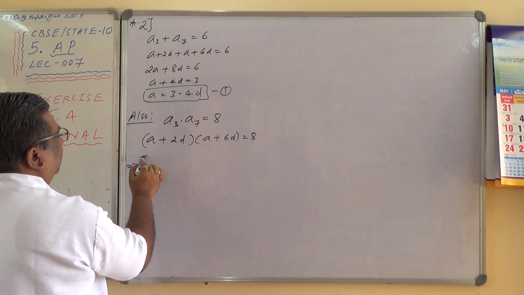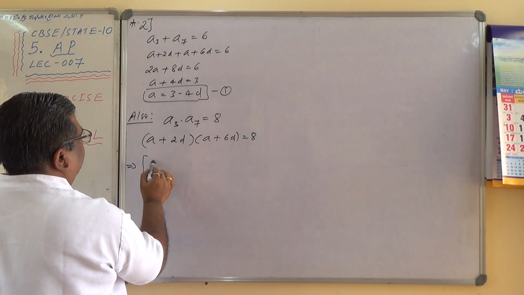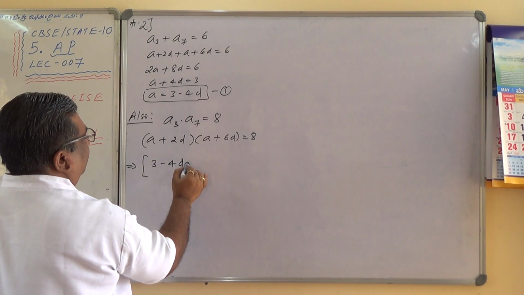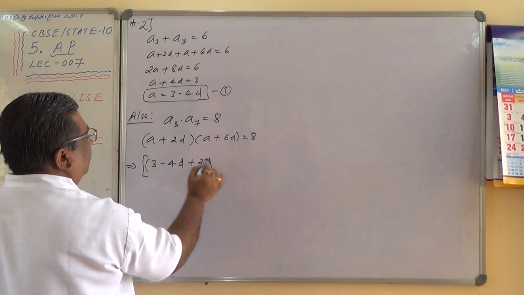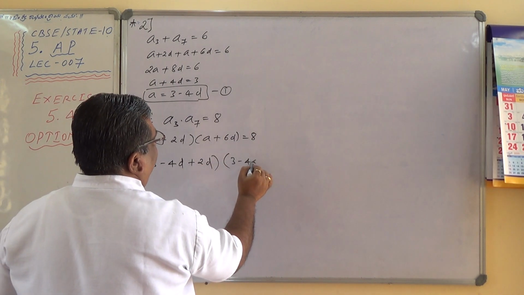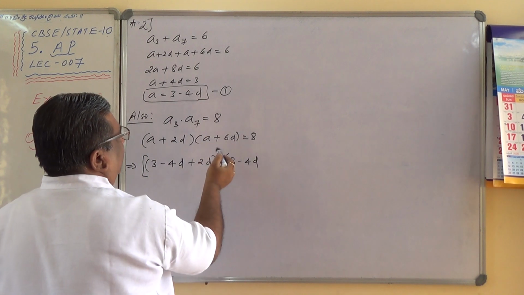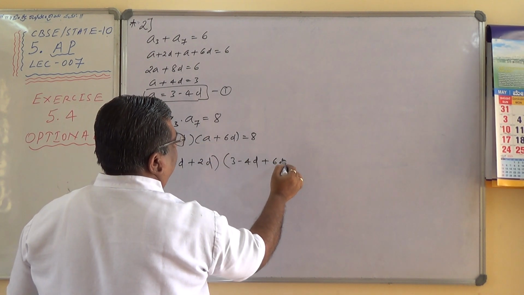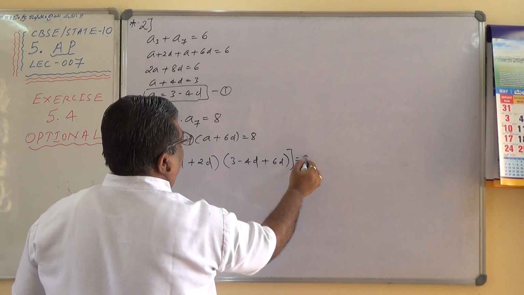So implies 3 minus 4D plus 2D, into 3 minus 4D plus 6D, equals 8.